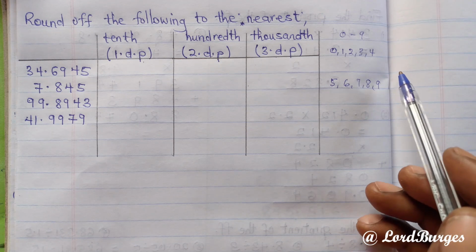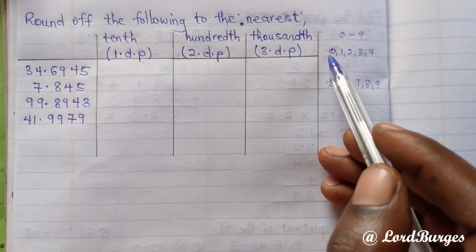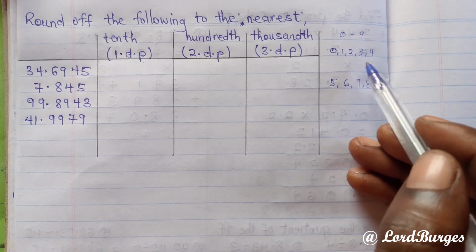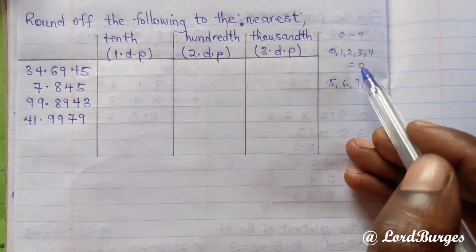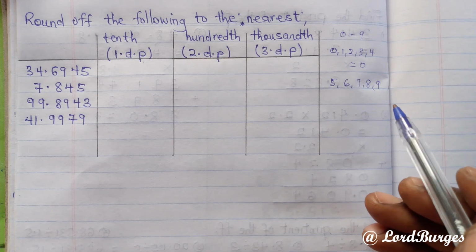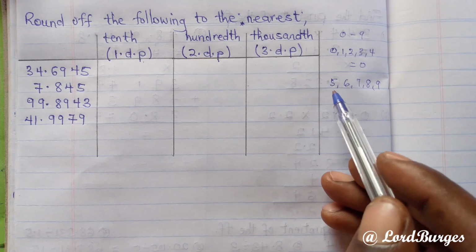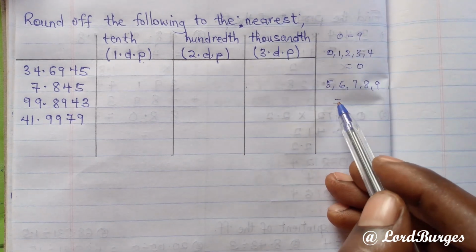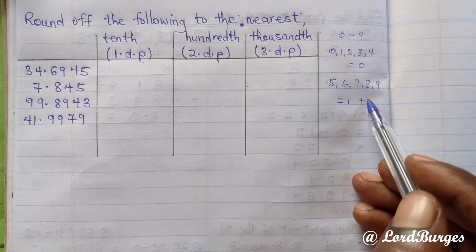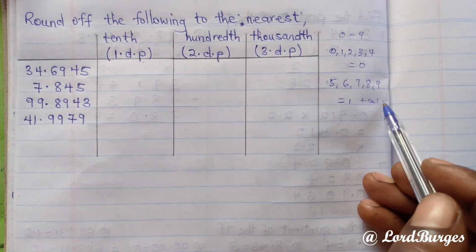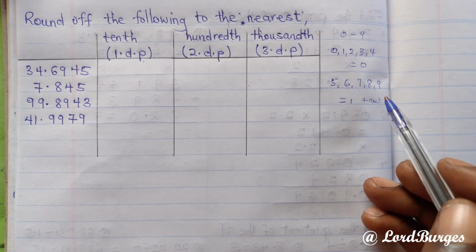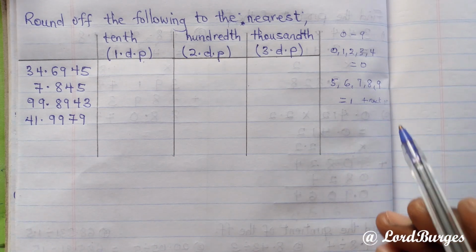Any value that falls within the first, from 0 to 4, becomes 0. Any value that falls within the second group, from 5 to 9, becomes 1, and it is added to the next place. So this is the rule we need to use.